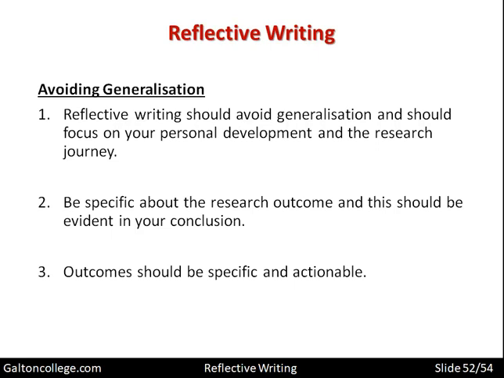So the whole idea of reflective writing is to look at some activity from the past, think about the activity, write up what happened and what was undertaken, and then see if there are some improvements that can be made to that. And that's it in a nutshell. That's the nature of reflective writing.